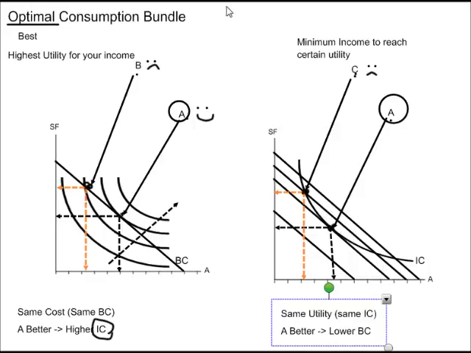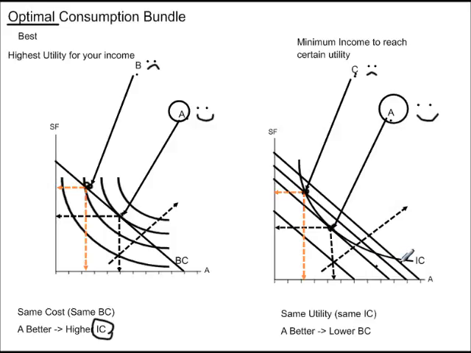We need more money in order to get to those higher budget constraints. Those higher budget constraints require more cost. So yes, they produce the same level of happiness. In a sense, their benefit is the same, but A is so much better than C because A has a lower cost. Or I could say that A takes a lower amount of income to get there than C.